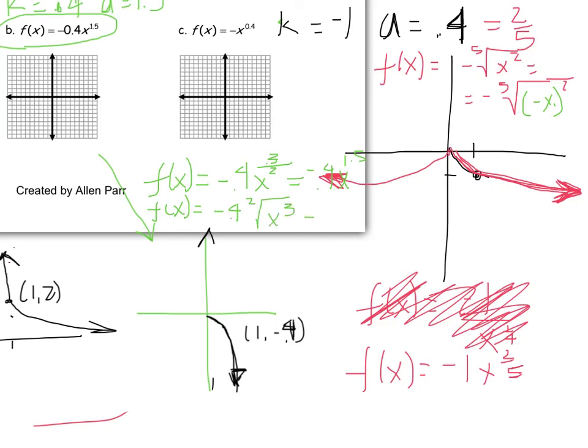Again, if I plugged in a negative x here, to prove whether it's even or odd or neither, a negative x times negative x times negative x would be negative x cubed, and then I can't take the square root of a negative number.